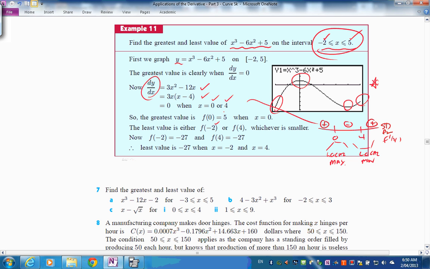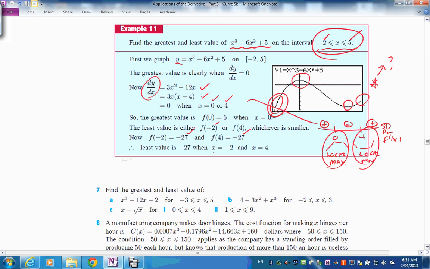So at neg 2 it's neg 27, and at, oh no, it doesn't, it's even, and at 4 it's neg 27. So you should substitute in these values, 0 and 4, to get the local max and min, but check that it doesn't go past the max or past the min down below there.